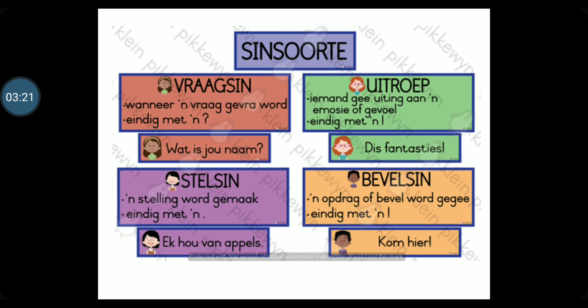Okay. Then we have a bevelsin, which is a command sentence in English. So basically giving instructions. And it sometimes can also end with an exclamation mark, depending on whether it's an exclamation sentence or a command within the sentence. Okay.